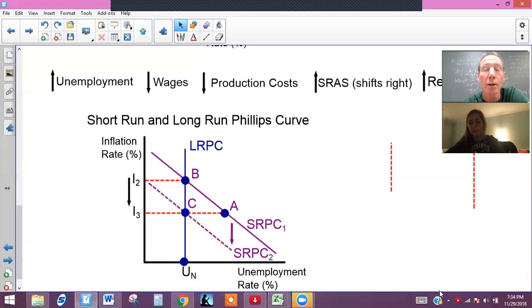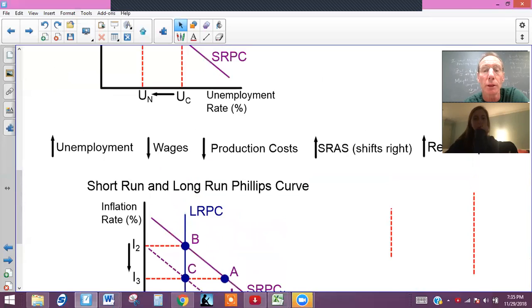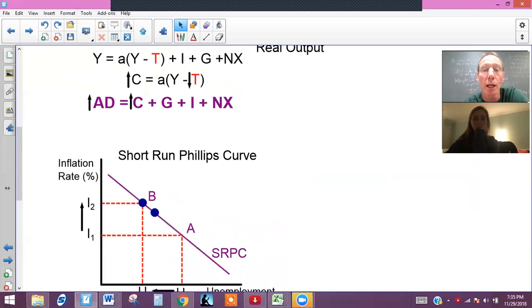So it means that price levels went down and unemployment didn't go up, for whatever reason. And I have to go back and look at it.